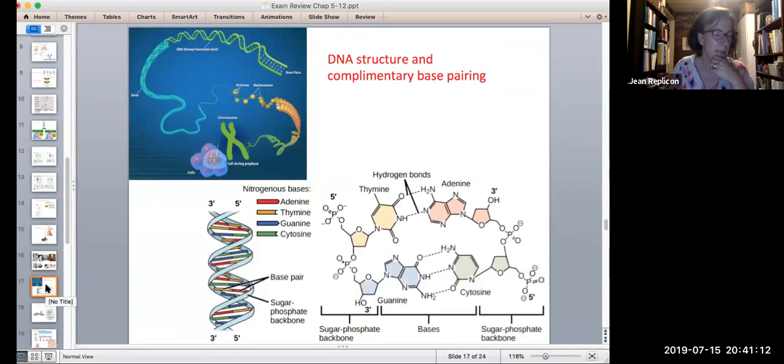So DNA complementary base pairing is how it functions. And this shows you how they base pair. It has a lot to do with hydrogen bonds. Hydrogen bonds will help to keep the adenine with the thymine and the cytosine with the guanine, 2 or 3 hydrogen bonds. So they're not a terribly strong bond.